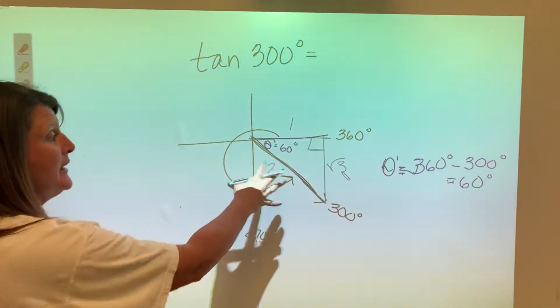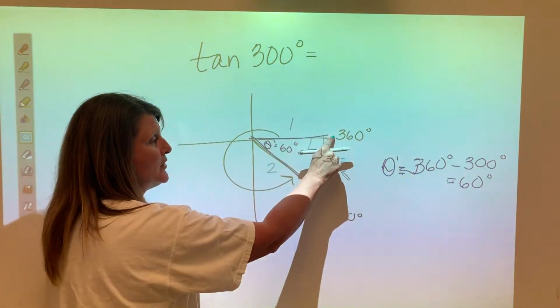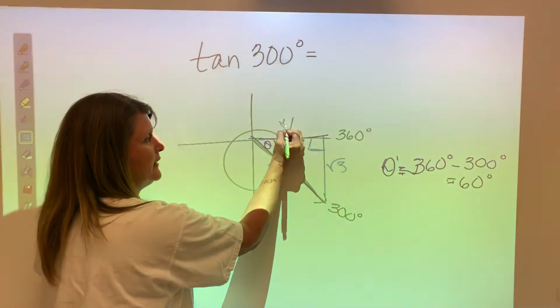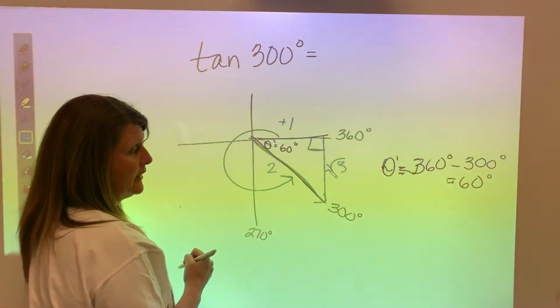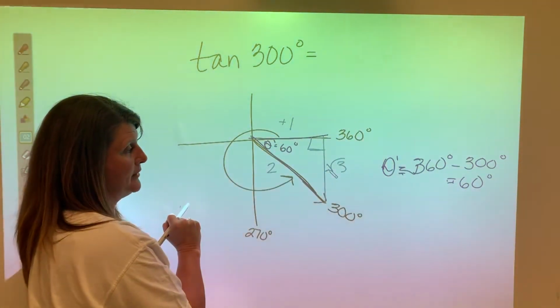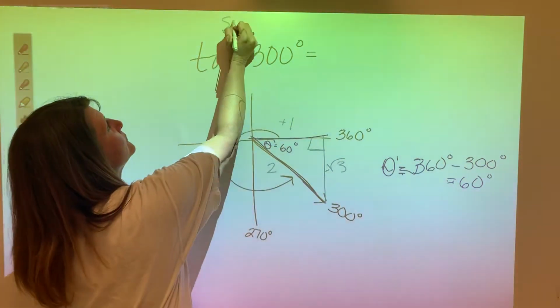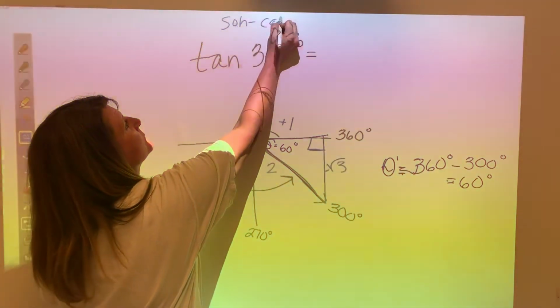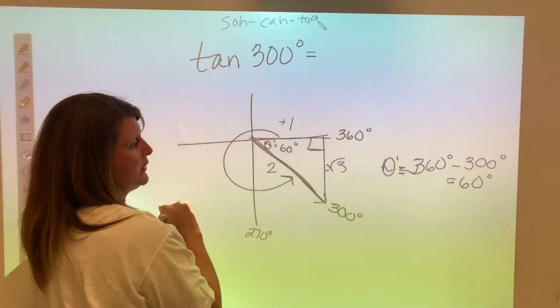And in an angle in the fourth quadrant, numbers that go to the right of 0 are positive. Numbers that go down are going to be negative, okay? And the hypotenuse will always be a positive. So in order to do tangent, it is opposite over adjacent.